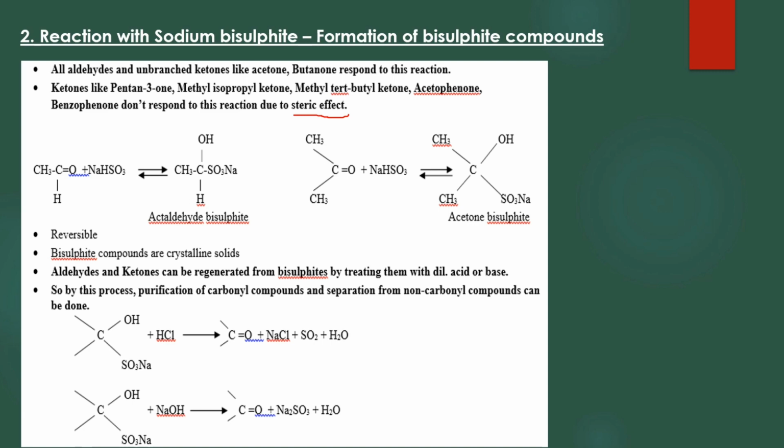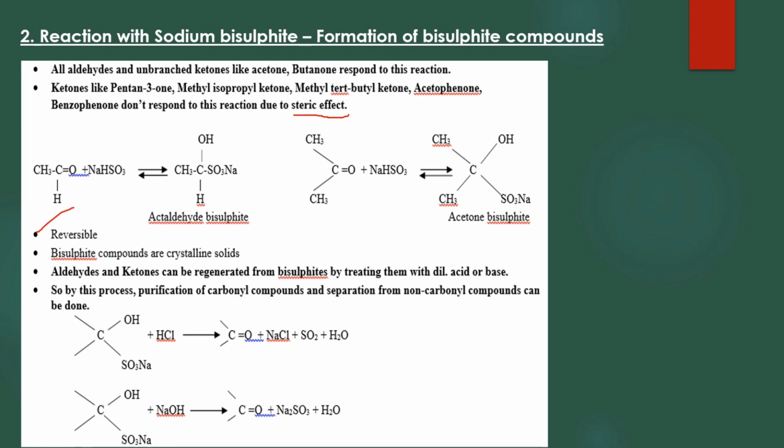Acetaldehyde reacts with sodium bisulfite to produce acetaldehyde bisulfite compound, whereas acetone reacts with sodium bisulfite to form acetone bisulfite. The reaction is reversible.